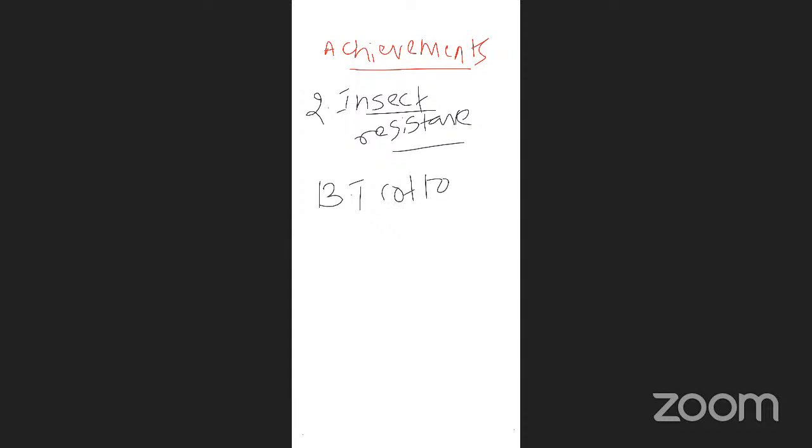B for Bacillus thuringiensis. Bacillus thuringiensis is a bacterium. It is a pathogen for a number of insect pests. Most probably we know the cotton is generally infected with what?